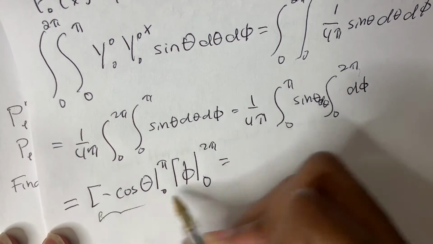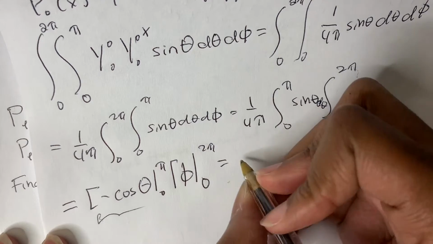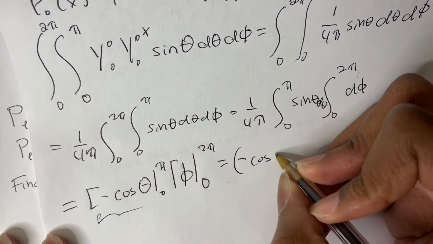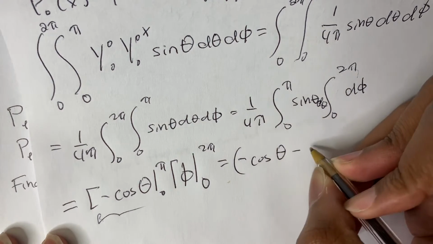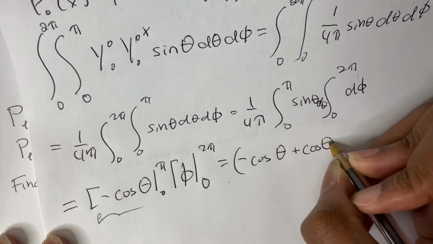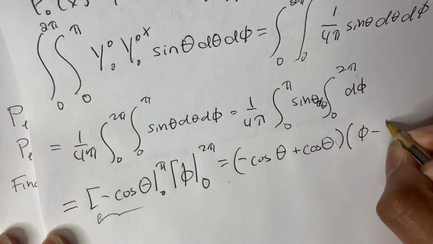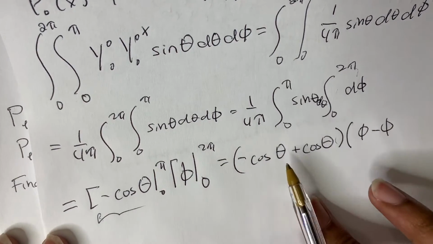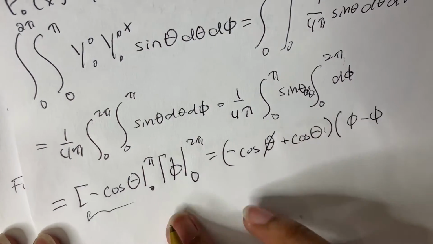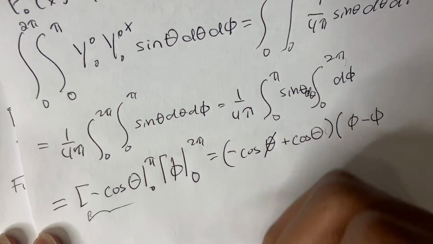Well, let's actually carry this out. So you have minus cosine of theta, and we plug in our bounds here, pi and 0 respectively.